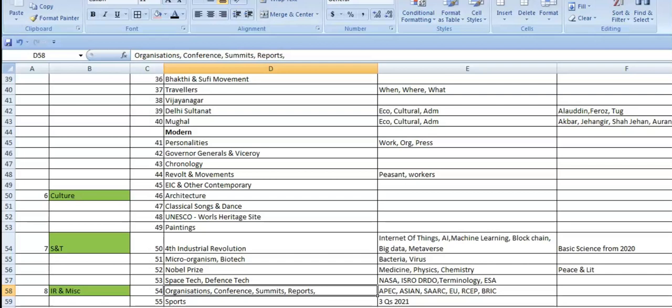So you have to differentiate between where India is witnessing, allowed to witness the action, and where it is participating. These are the two different things that you have to note down. Okay. So now you can note down APEC, ASEAN, SAARC, European Union, RCEP, BRICS. Okay. So what is the role of India, whether it is a participant or is just a witness, you have to know that. Okay. And what are the reports published by them?